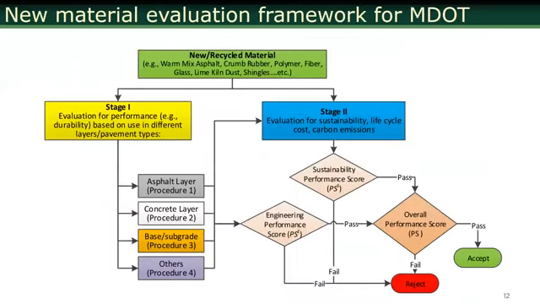And in this procedure, we included a two-stage approach. The first stage is the evaluation of performance of the material. And this was for all types of pavements like asphalt, concrete, and materials that are proposed to be used in base, subgrade, and all that. The first portion was, let's focus on asphalt, the performance of the asphalt.